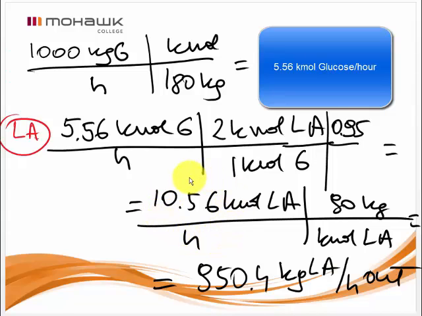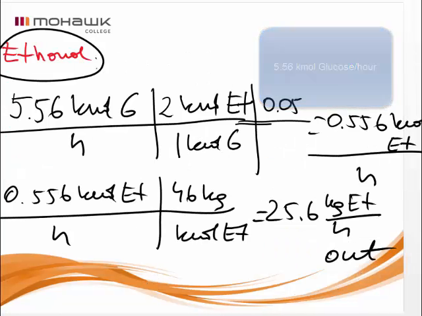This is our product produced per hour, times 90 kilograms of lactic acid per 1 kilomole. The mass flow rate of the lactic acid, which is what is asked in the problem, is equal to 950.4 kilograms per hour. This is the output of the lactic acid from the process.